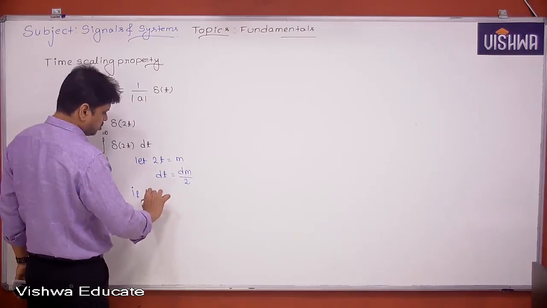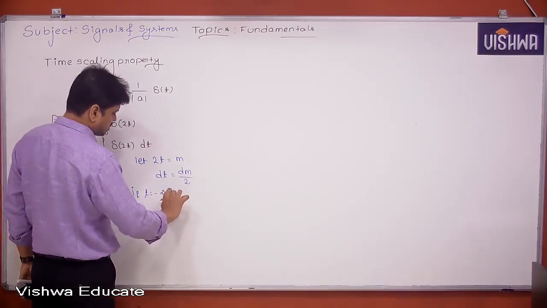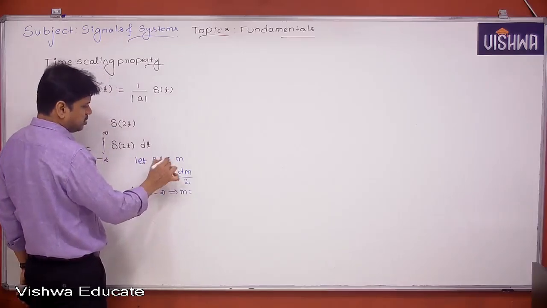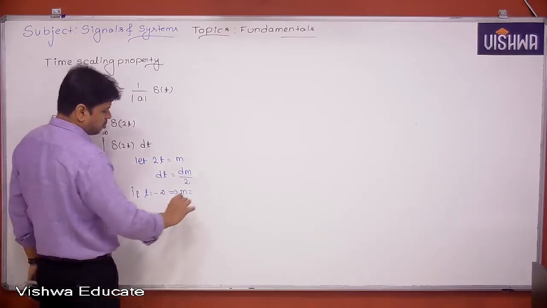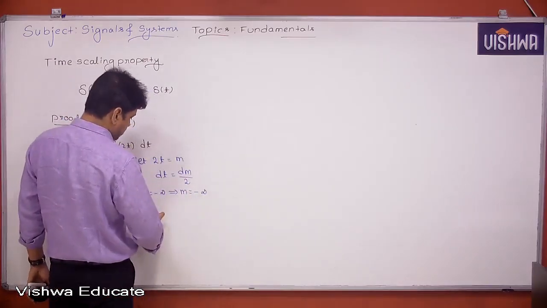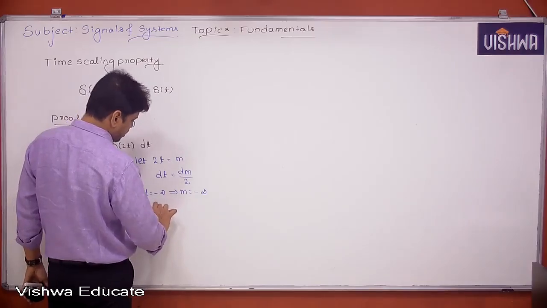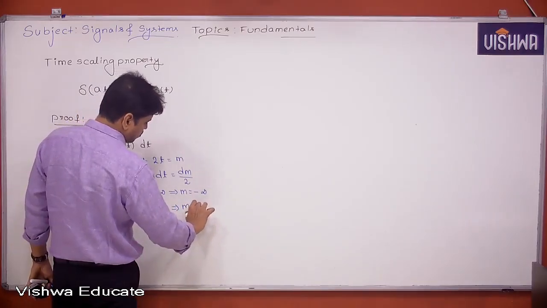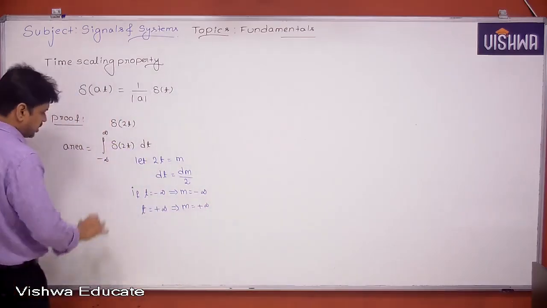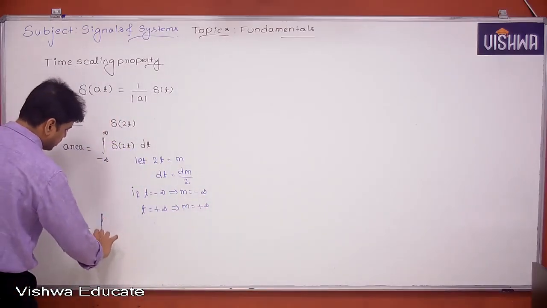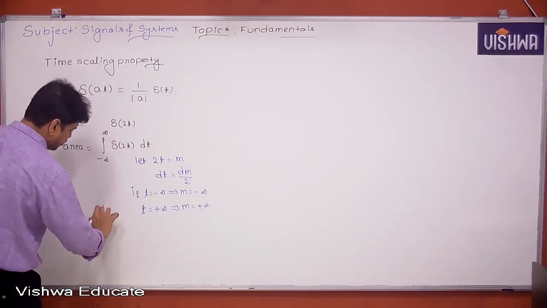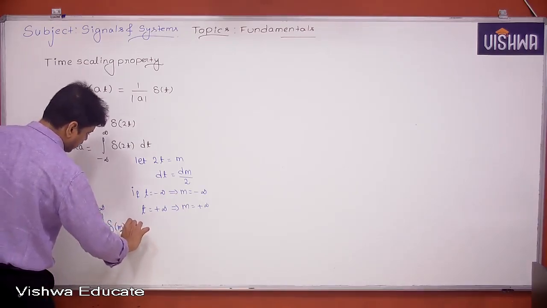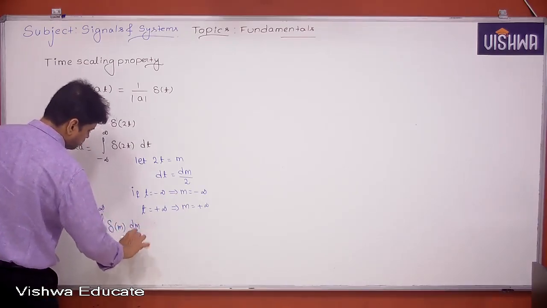If t is equal to minus infinity, then m is also equal to minus infinity. If t is equal to plus infinity, then m is also plus infinity. So I can rewrite this integral as the integral from minus infinity to infinity of delta m dm by 2.